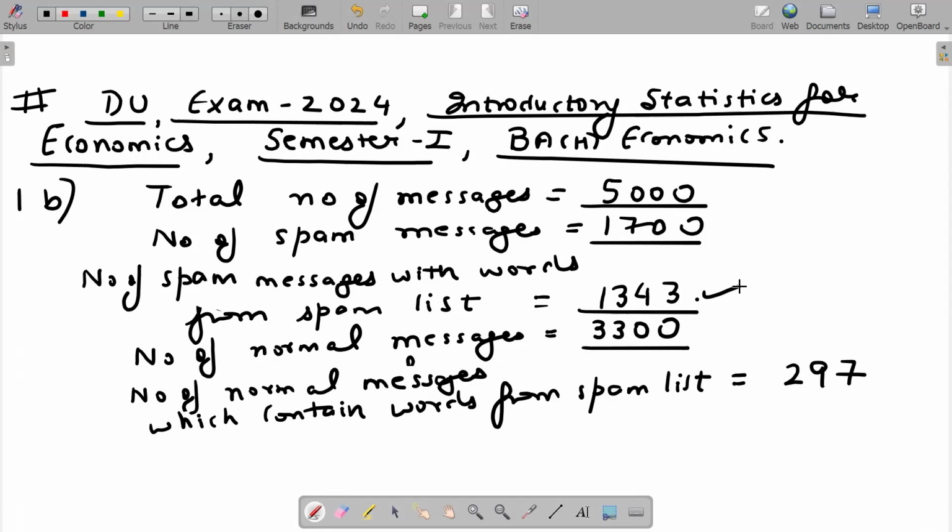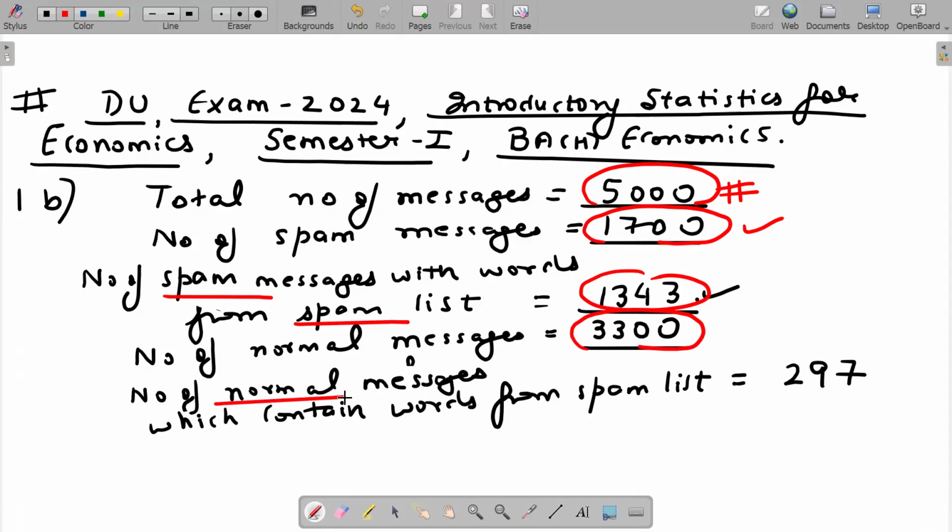So I am revising the data till now. There are 5,000 messages in total. Out of 5,000 messages, 1,700 are spam and 3,300 are normal. Number of spam messages with words from the spam list are 1,343. Number of normal messages but they contain words from the spam list are 297.